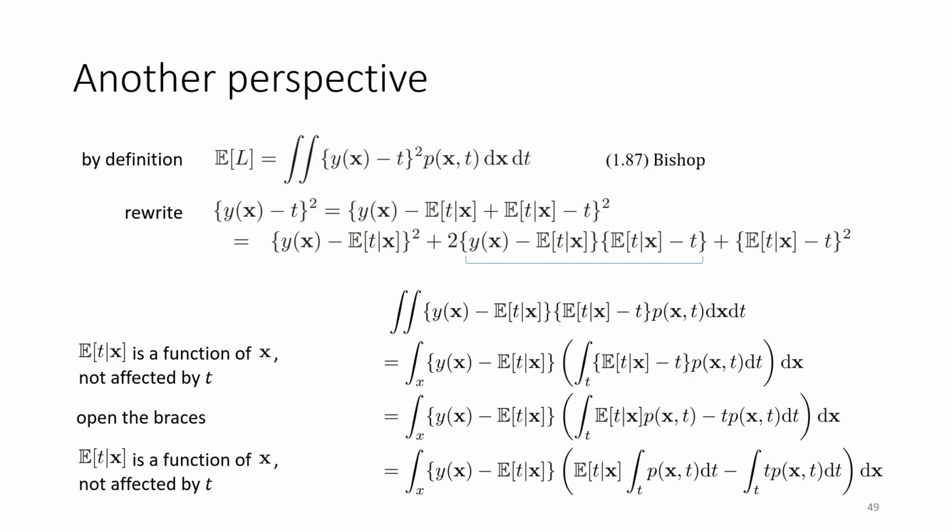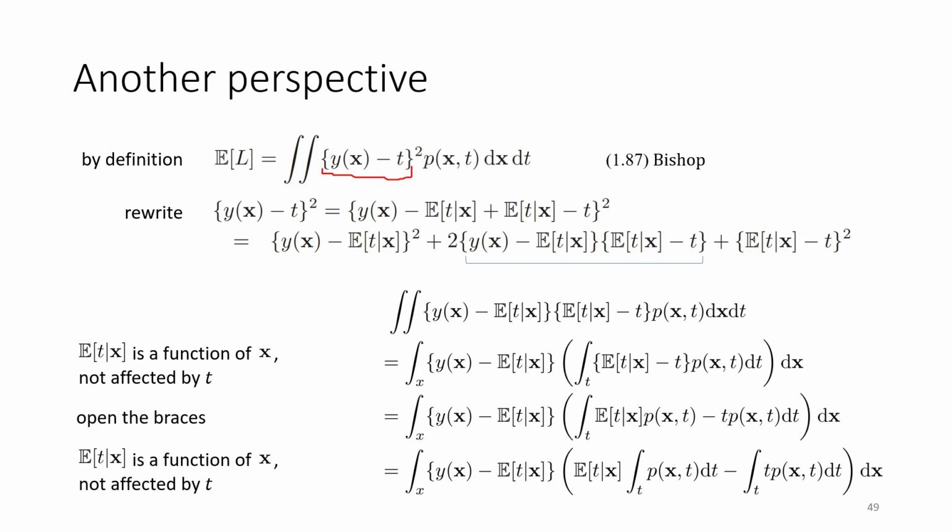If we rewrite the loss term in this way, we minus its expectation and plus its expectation, and we open the square term.